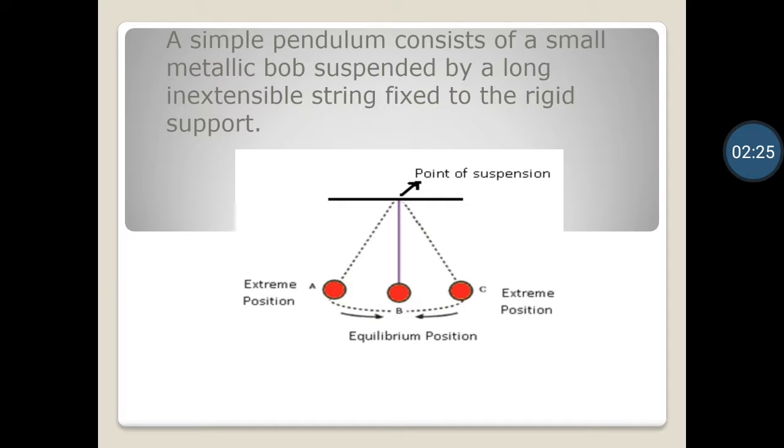As the bob starts to move from its first extreme position A to C and again comes back to A via B position, it is said that one oscillation is completed.